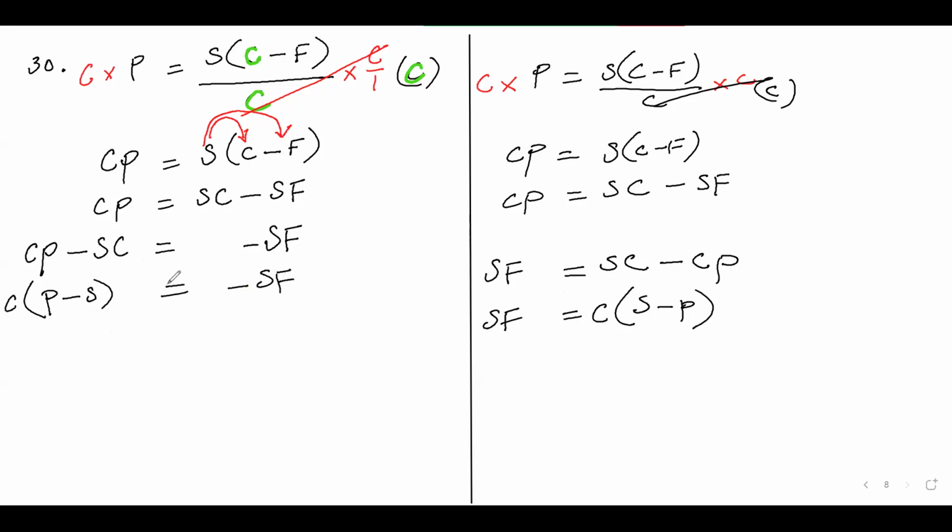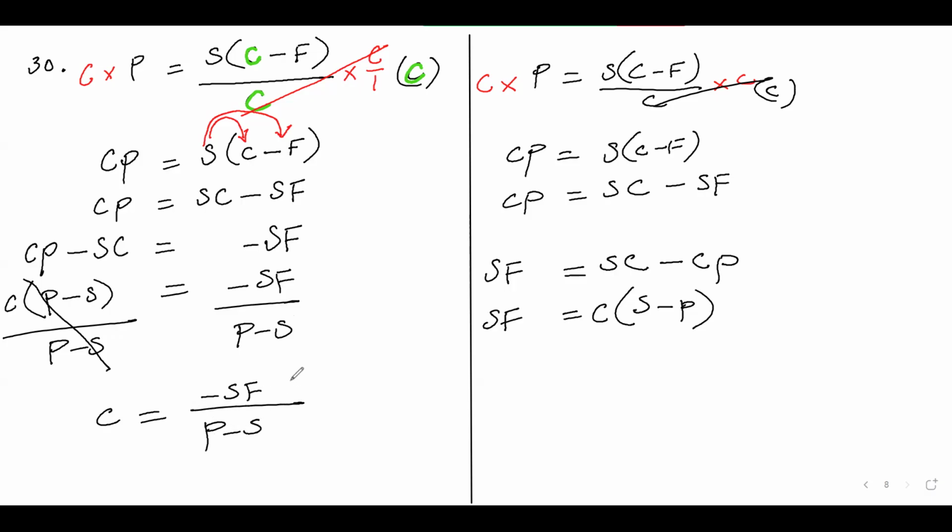The last thing to do is to divide by P minus S. Whatever you do on one side, you do on the other side. This will cancel, leaving me with C equals negative SF over P minus S. Or, method 2, I could divide by S minus P. So my answer is C equals SF over S minus P.